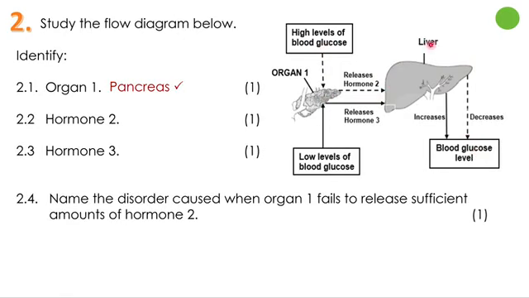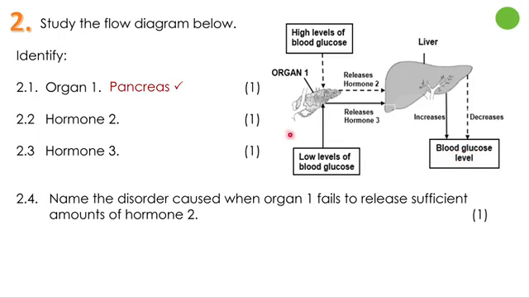So to follow that, we start with a high level of blood glucose, stimulating the pancreas. Hormone 2 is released. The target organ is the liver, and what does it do there? It decreases the blood glucose level. So there's only one hormone that decreases the blood glucose level, and that is insulin.